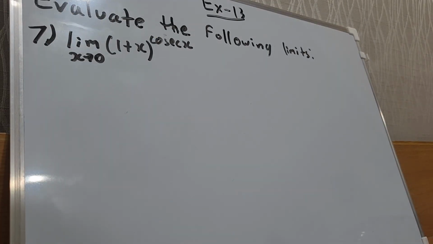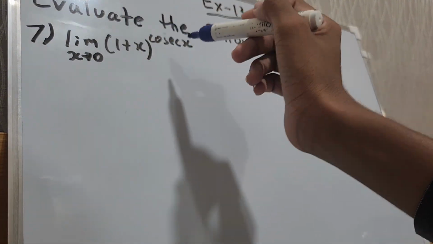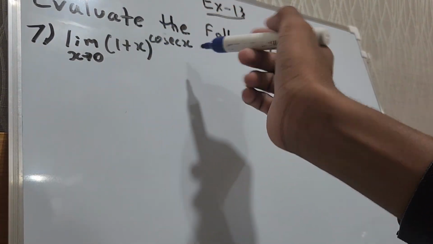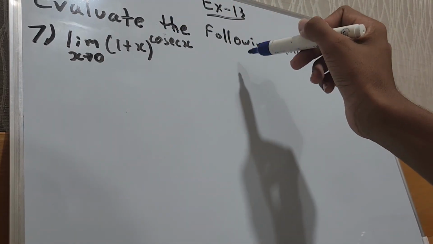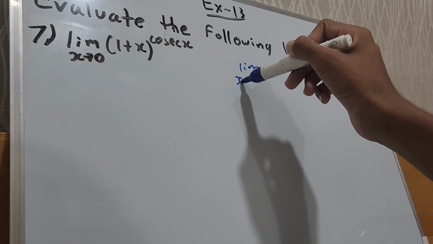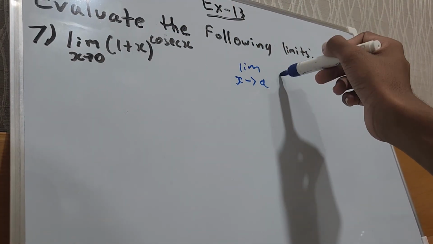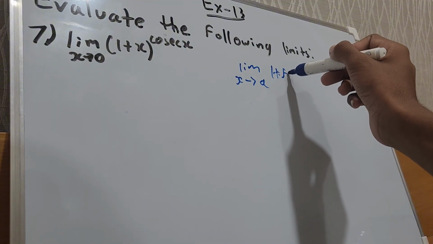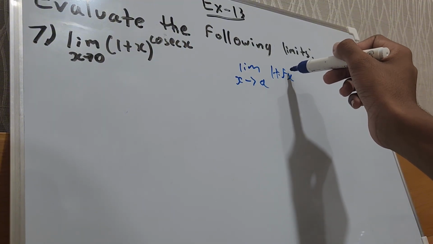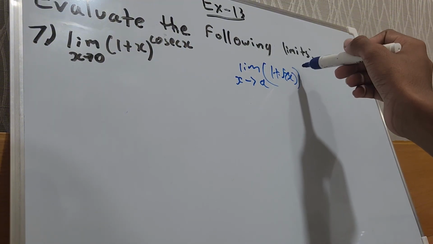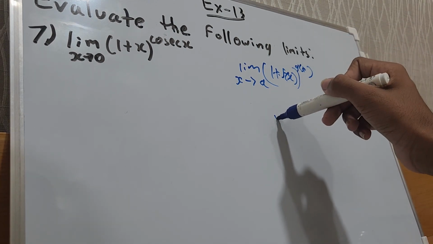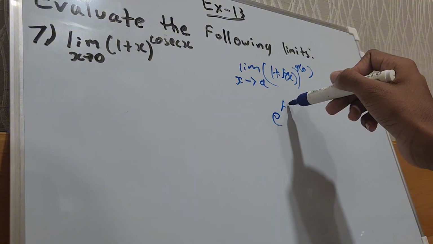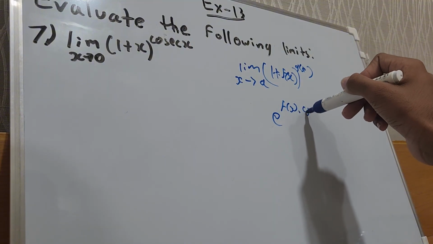Now we're on the 7th question. If there's a formula like this, limit x tends to a, (1 plus f of x) whole power g of x, then you have to take e power f of x into g of x.